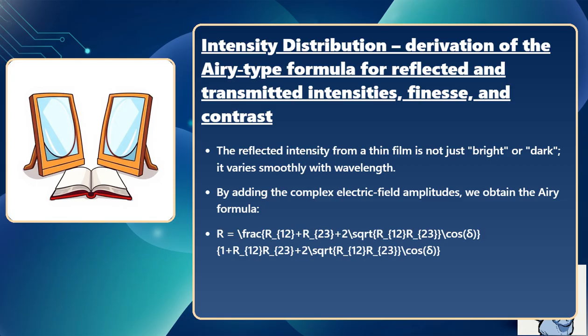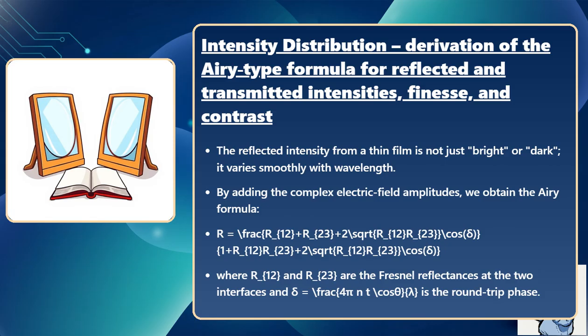Where R sub 12 and R sub 23 are the Fresnel reflectances at the two interfaces, and delta equals 4 pi nt cosine theta divided by lambda, the round-trip phase.